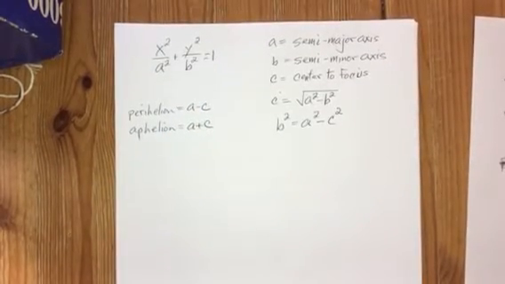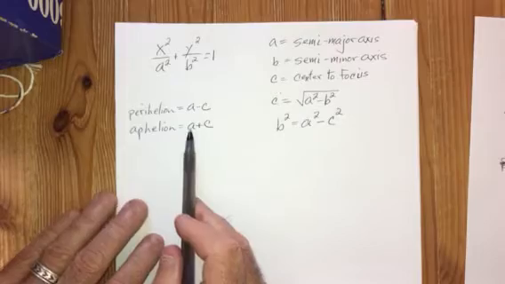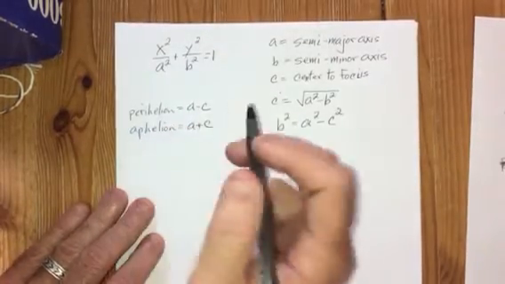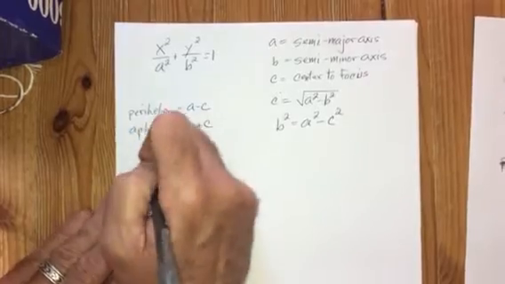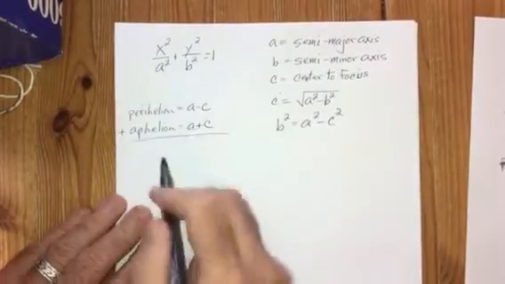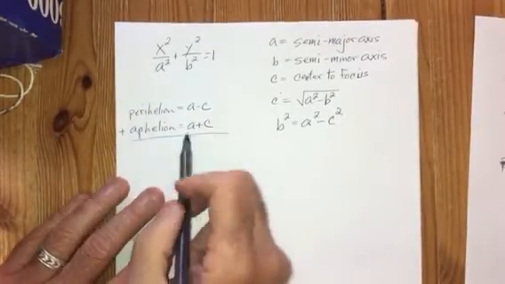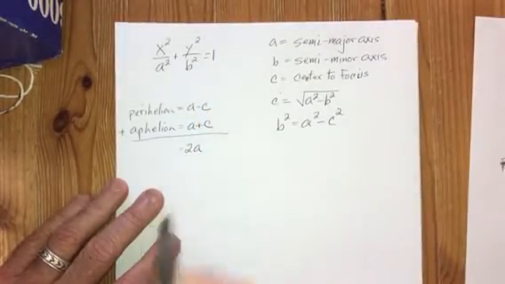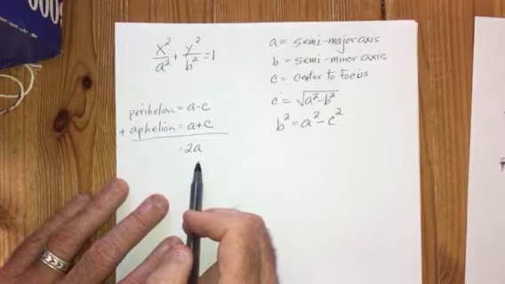So we can do a little algebra with these two as a way to figure out these distances. Now, for example, if we add these two together, we get 2 times a, which is the length of the major axis.